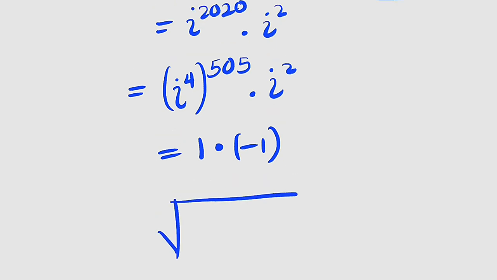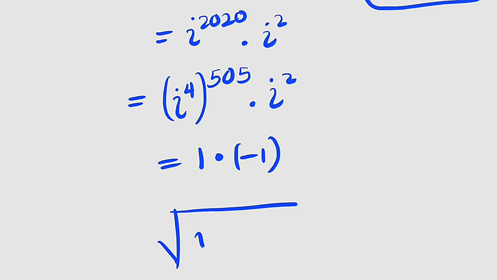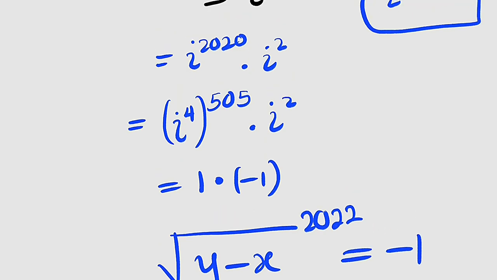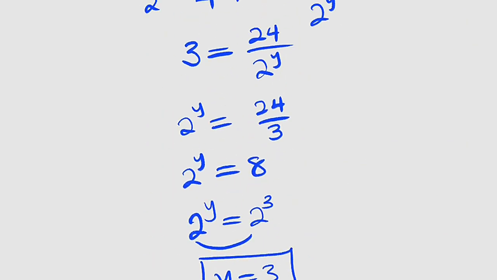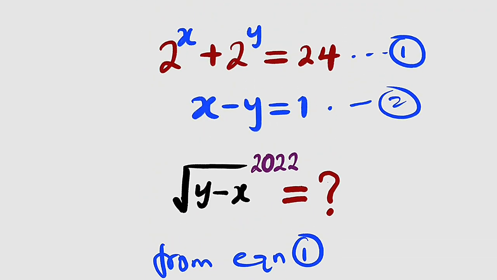Therefore, the square root of y minus x to the power of 2022 is nothing but negative 1, provided that those two equations are true. That is, this exponential equation and this linear equation. If at all they are true, square root of y minus x to the power of 2022 will give us negative 1.